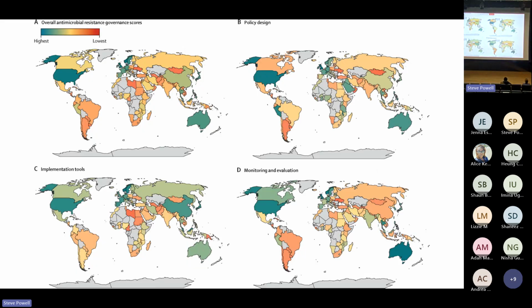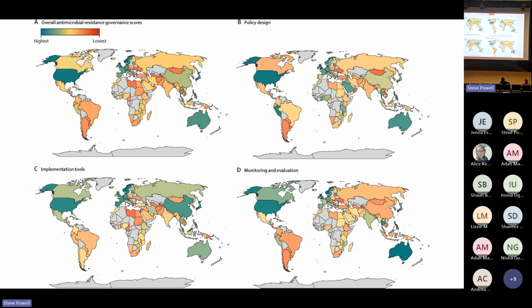These are maps that speak of the necessity to have infrastructure, systems. The top left-hand map of the world is the summary of the other three on the right and at the bottom. What the top left corner map shows is a summary of the overall antimicrobial resistance governance status of that nation.